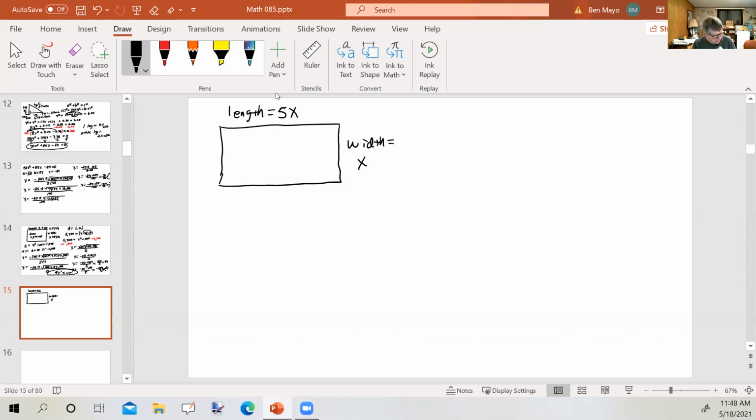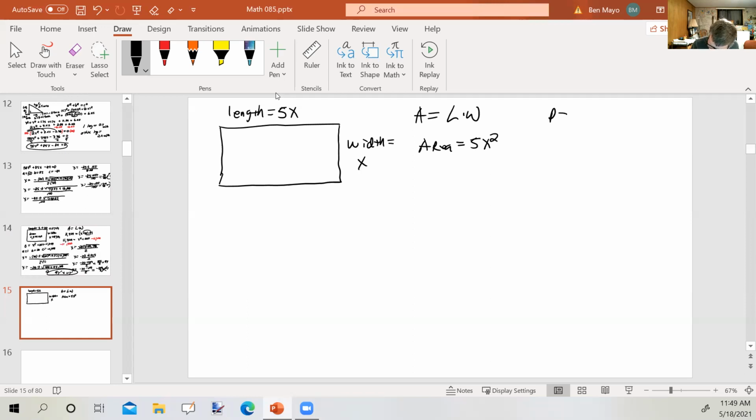When measured in miles, its perimeter numerically exceeds its area. So even though the perimeter is in miles and the area is square miles, we're just going to look at the number parts of it. All right, so let's see. The area would be length times width, so 5x squared.